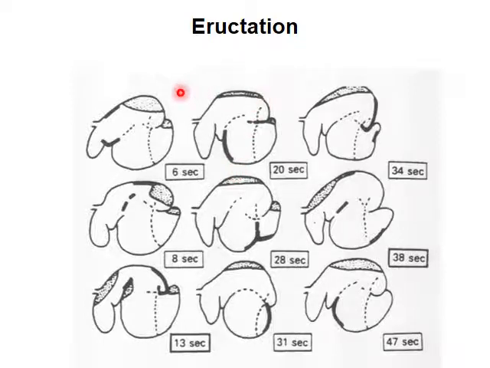So we have a specific sequence of events that takes this gas pocket and brings it down. 6 seconds, 8 seconds, 13 seconds, brings it down in front of the esophagus. The gases, mostly carbon dioxide and methane, are pushed out the esophagus and out of the mouth in front of breathing.